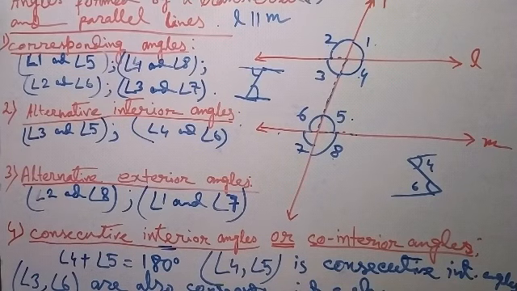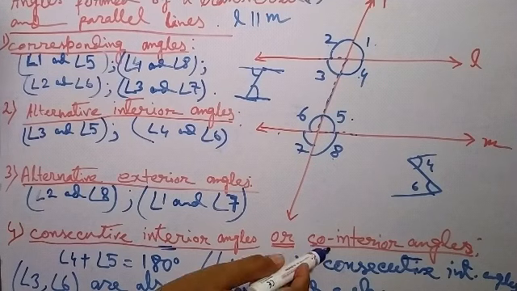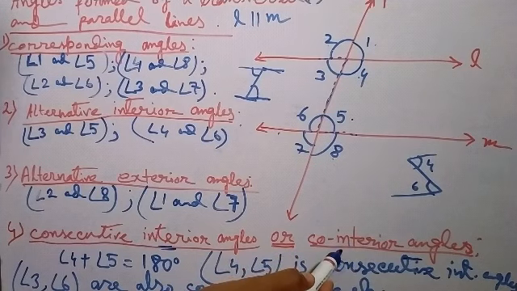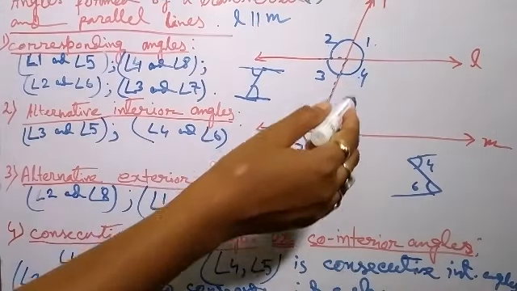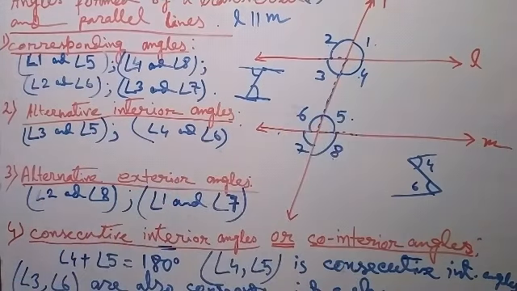Consecutive interior angles have another name: co-interior angles. So angle 4 and angle 5 are co-interior angles, angle 3 and angle 6 are also co-interior angles. So here also angle 3 plus angle 6 will be 180 degrees. That means the sum of two consecutive interior angles is 180 degrees. That is the property of consecutive interior angles.